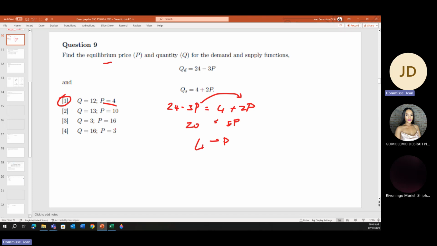But let's just say this was not 3 but 4, so we need to work out q. What I would do is, I don't like negative, so I will rather work with positive. So let's replace my p back into this formula.